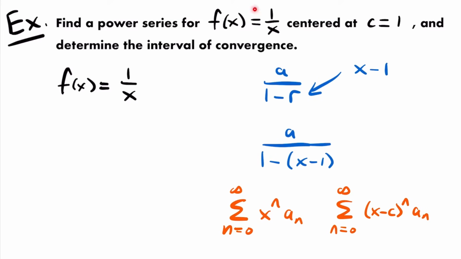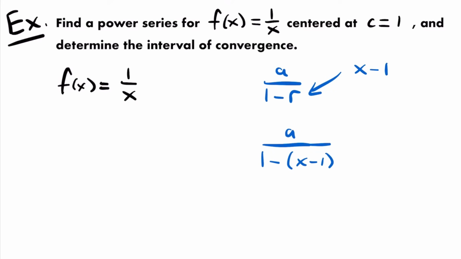We want to rewrite this function to be in this form of a power series. Okay, and so what can we do to manipulate this function such that we have 1 minus x minus 1 in the denominator? Well, what we're going to have to do is change how this function looks without actually changing the value of the function.